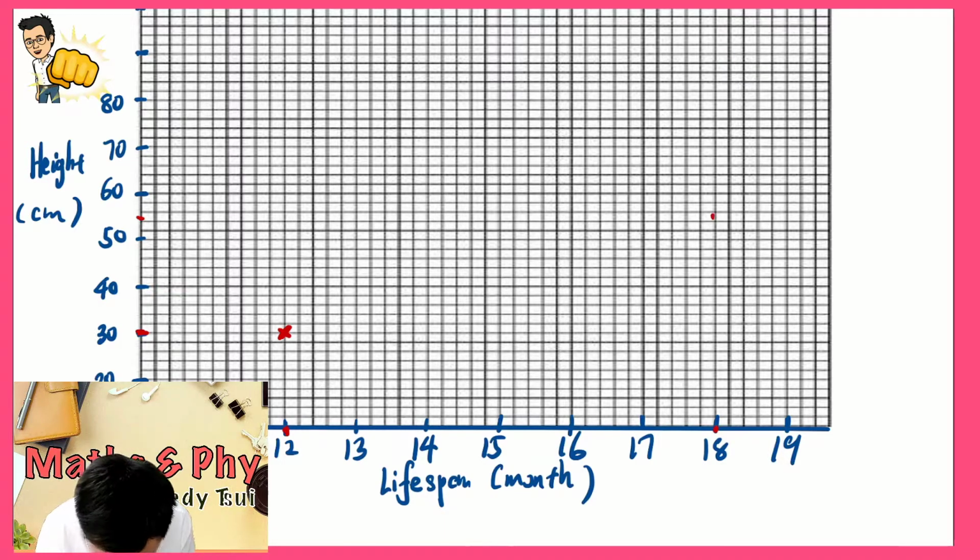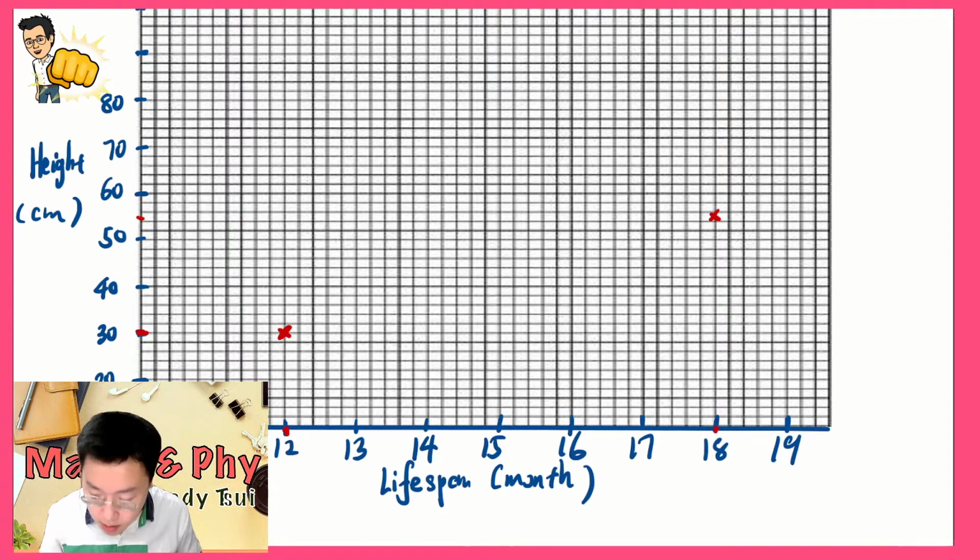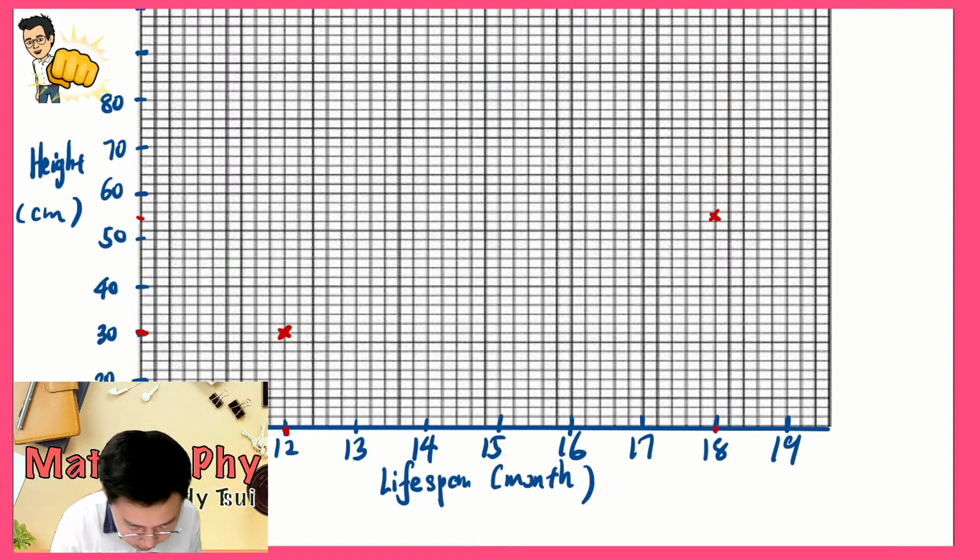So this one is 55, and then for the next one, plan C is 13, 13 as the month. For the next one, it should be 42. 42 should be higher than 40 by 1 grid.